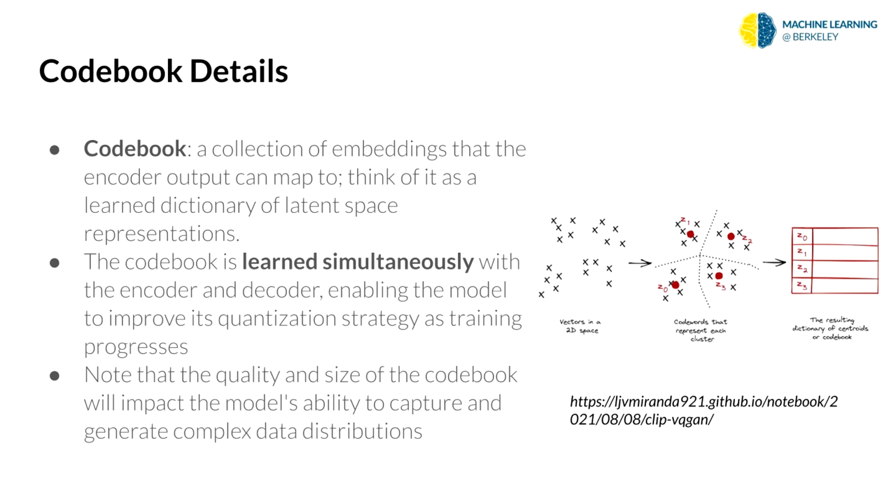To do that, we use an L2 loss, or more commonly the Euclidean distance between points. We want to reduce the Euclidean distance between the codes, the red dots, and all of the other vectors around them. When we minimize that term, that's how we eventually learn these red dots, if that makes sense.